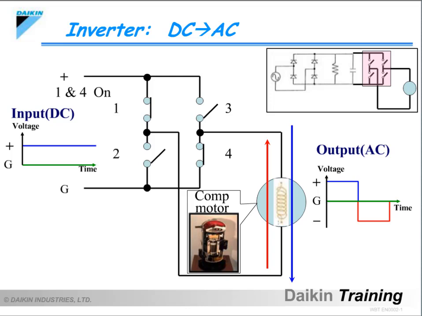Therefore, while the input side to the switch circuit always features a one-direction flow of current, the output side of the switch circuit features a two-direction flow. Since applying current to the compressor load in two directions creates AC power, this circuit allows for the conversion of DC voltage to AC voltage.